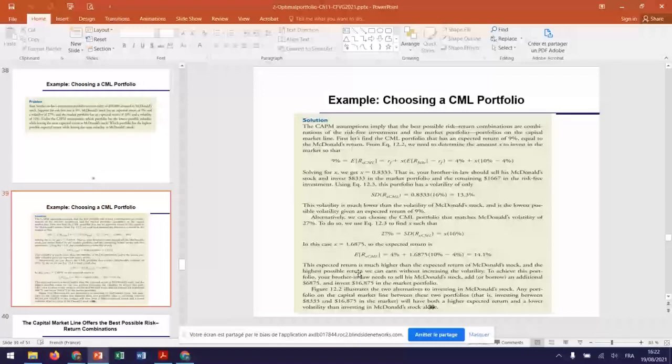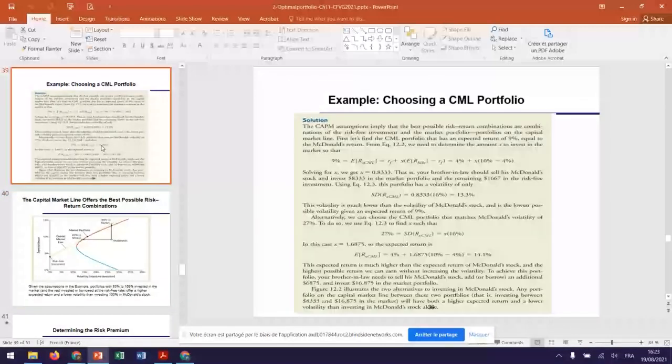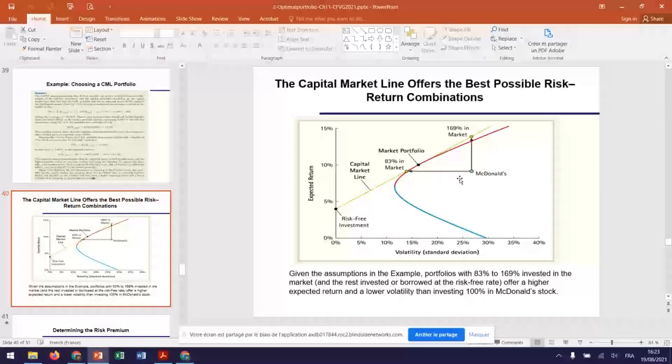Everybody follow? If I show it on the graph, McDonald's stock trade-off between return and volatility is here, 27% and 9%. The idea of keeping the same level of return while minimizing risk is to go along this arrow until I touch the green CML line.